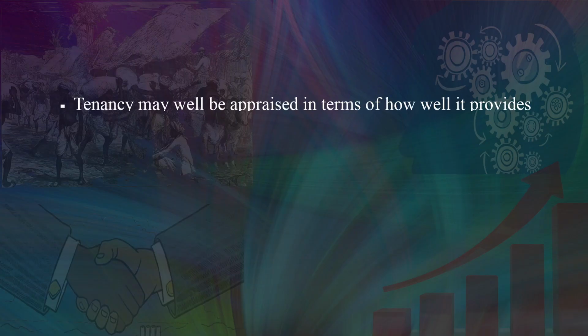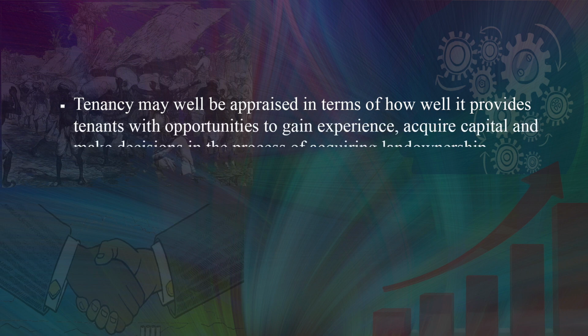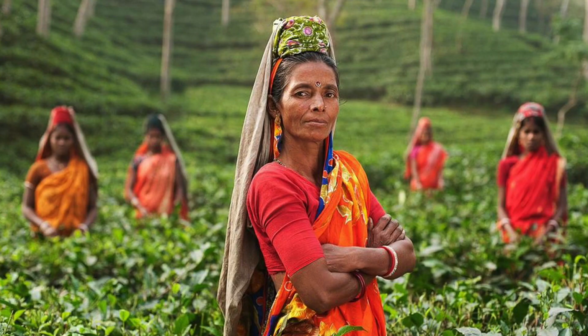Therefore, tenancy may well be appraised in terms of how well it provides tenants with opportunities to gain experience, acquire capital, and make decisions in the process of acquiring land ownership. On the other hand, many tenants are not likely to become owners in the foreseeable future.